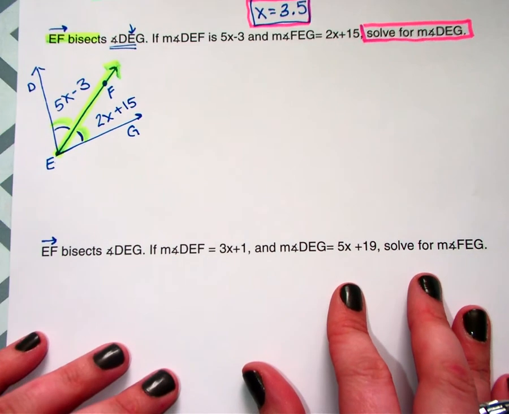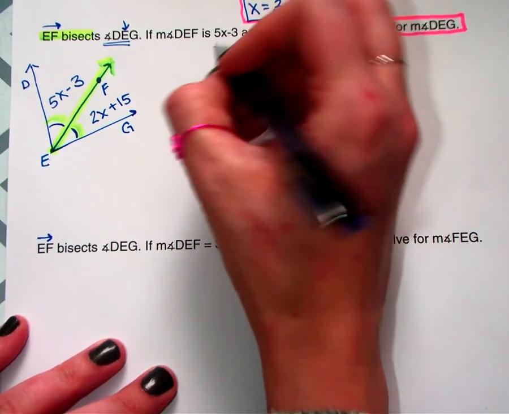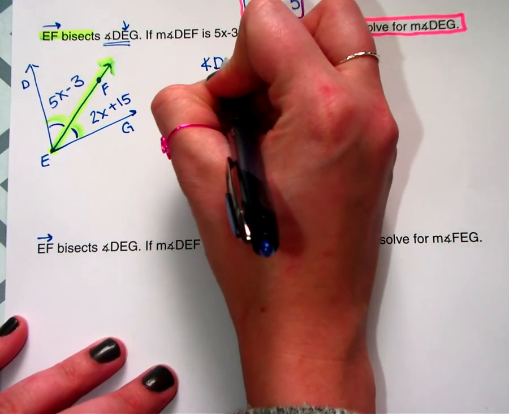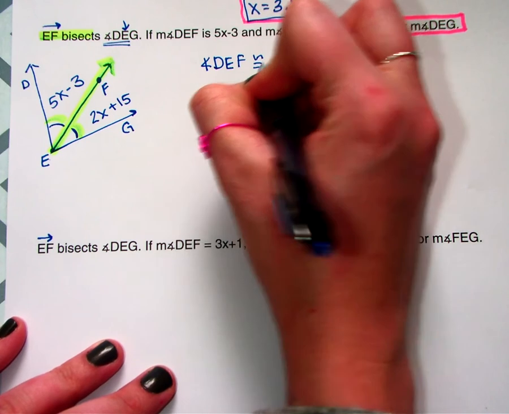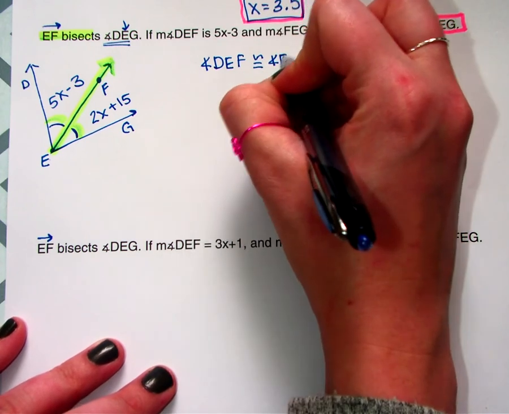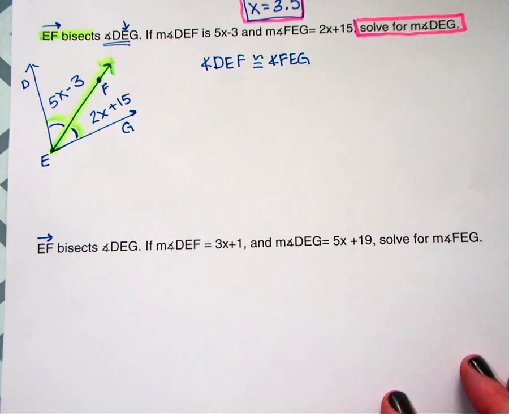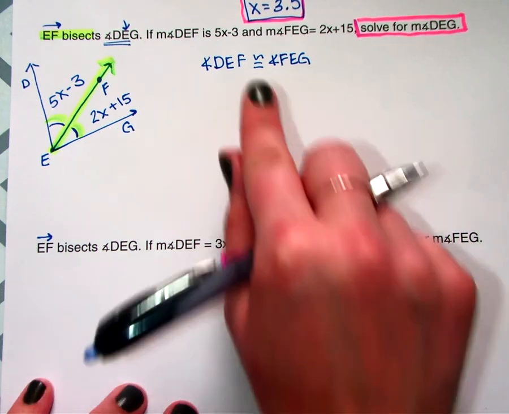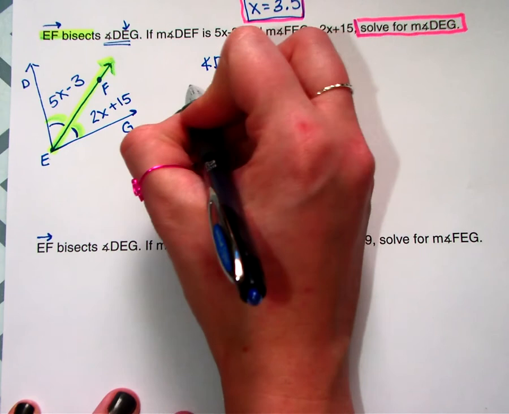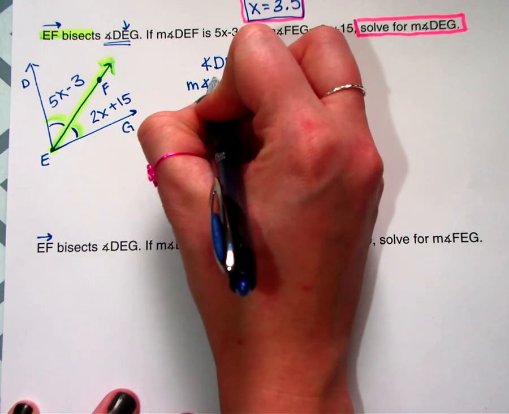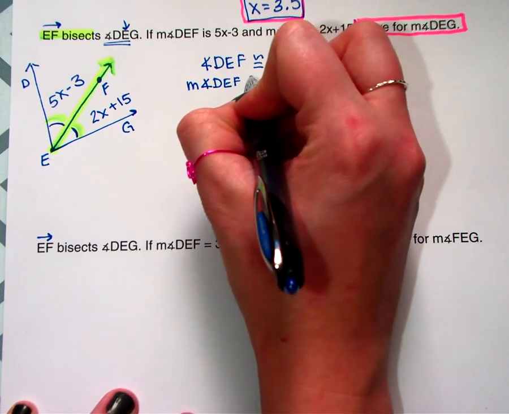So we're going to start in our general form. Angle DEF is congruent to angle FEG. Now when we're not talking in terms of equality, we don't use the measurement symbol, the little m. In order to change this from congruent to equals, it's called the definition of congruency, which we talked about in segment addition.